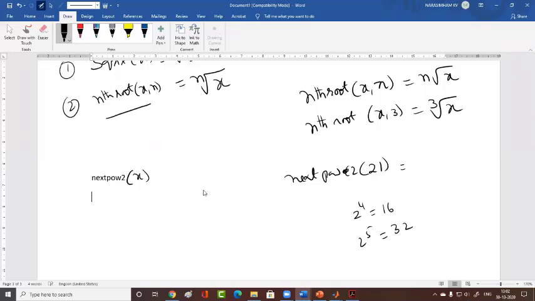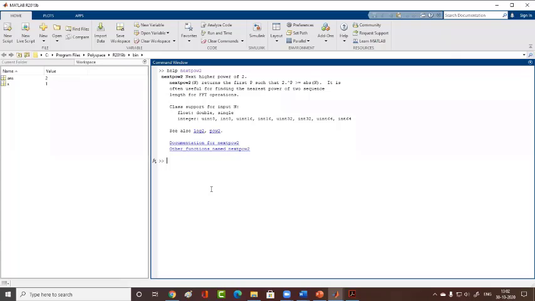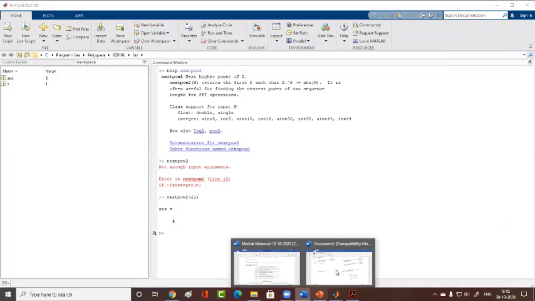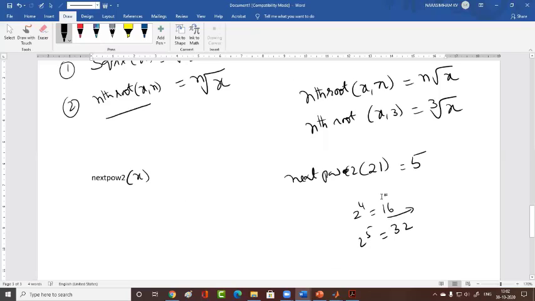So our number lies between these two, so you will get 5. Nextpow2 of 21 is nothing but 5. How did it happen? Very simple. 21 lies between 2 power 4 and 2 power 5, so the next power is 5.